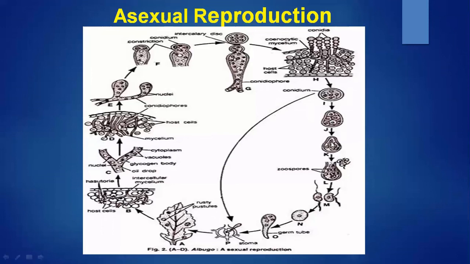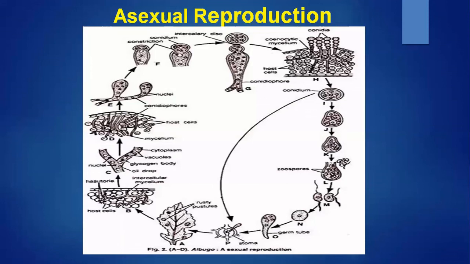Now this multinucleate sporangium divides into a number of uninucleate segments. What is segmentation? You can see a nucleus surrounded by protoplasm. This is known as segmentation.